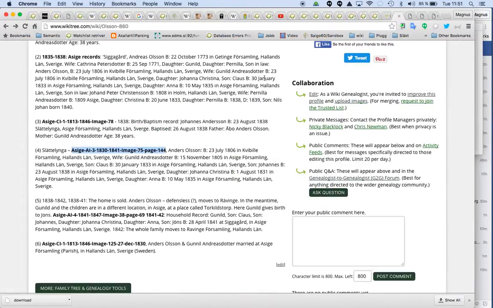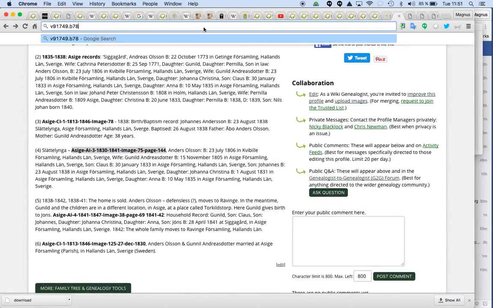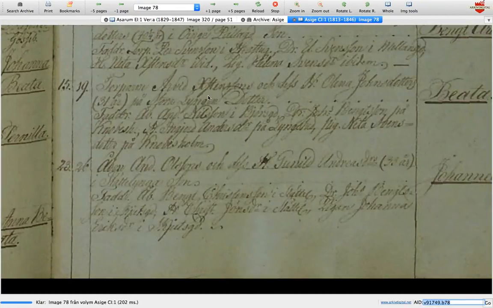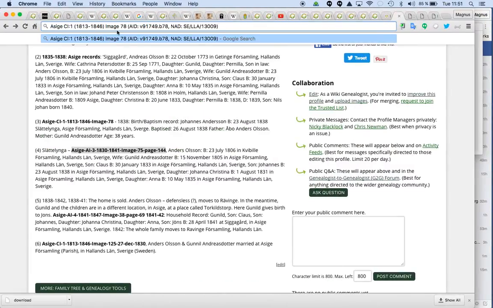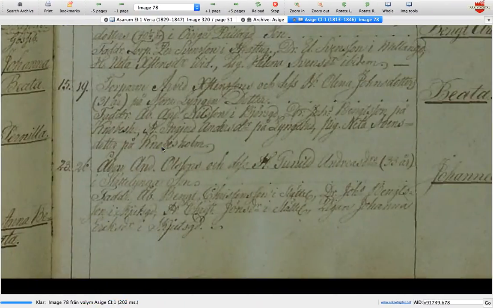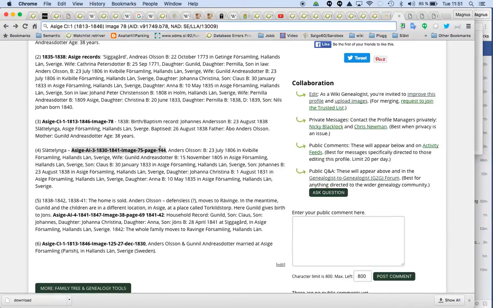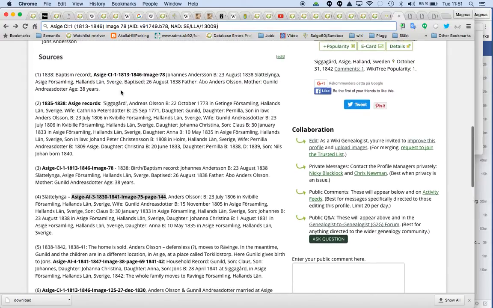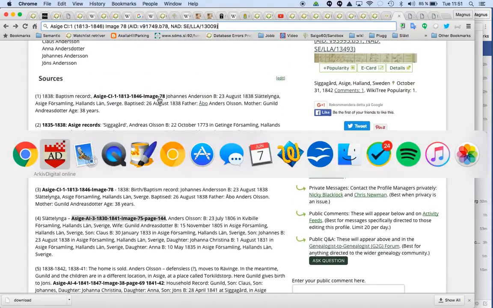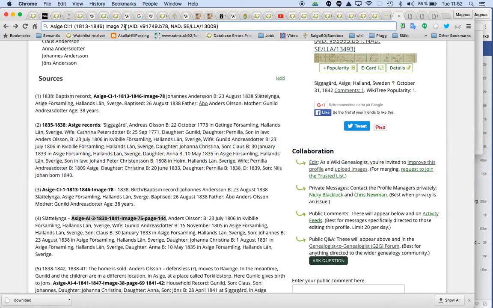The normal way in Archive Digital is that we have a reference like this. Image 78, it was 75 here. No, this is not the same. C1. Here it is. The thing here is they image 78 and they this also, so that's cool.